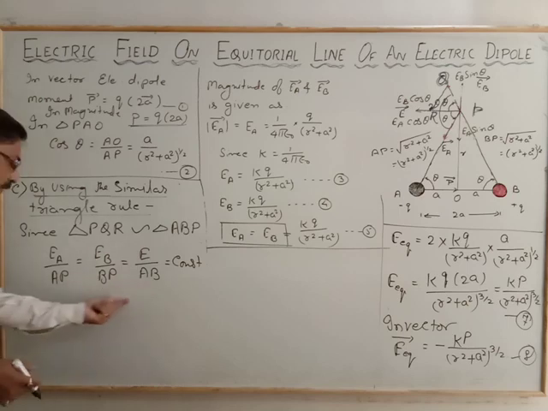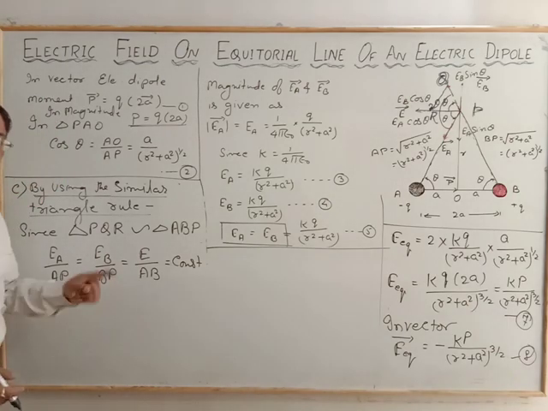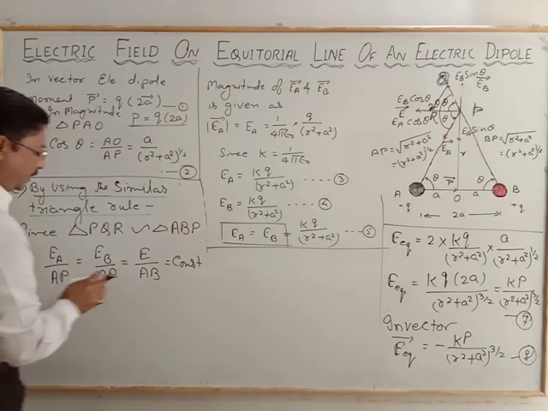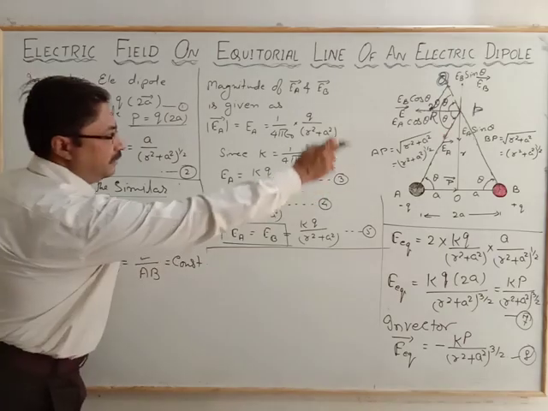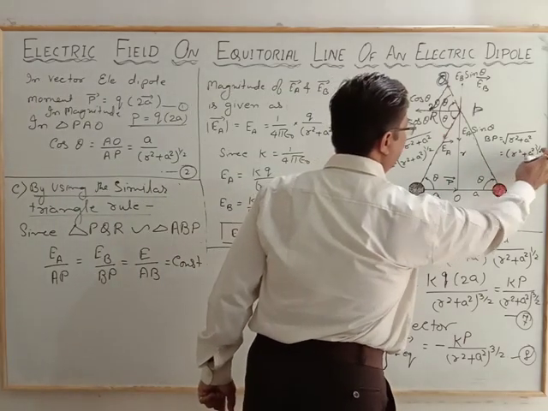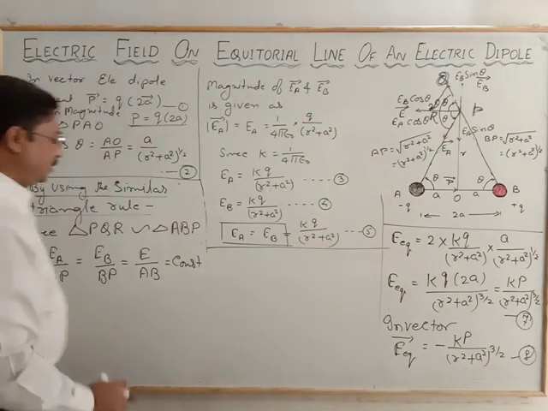Out of these three, any two we consider and we calculate the relation. We know the EB value is given, and BP, the distance from B to P, is (R square plus A square) whole half, or root under R square plus A square.